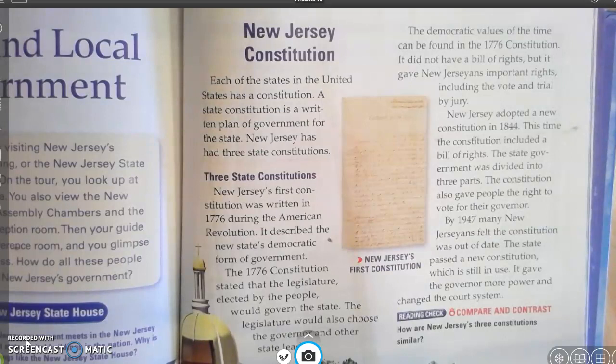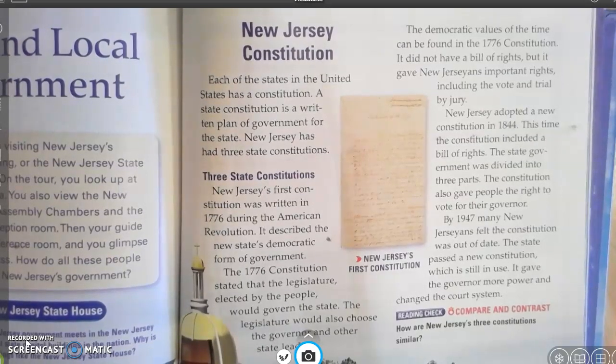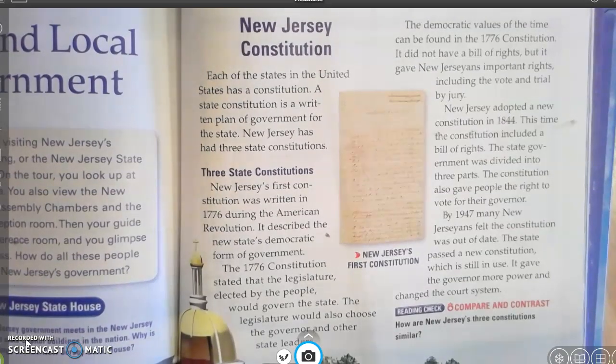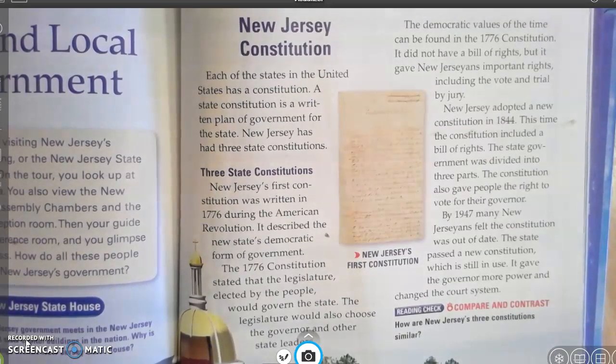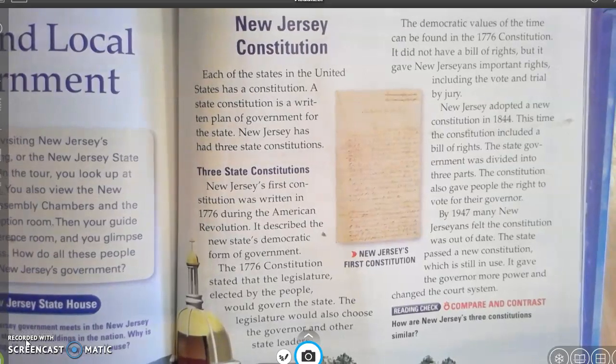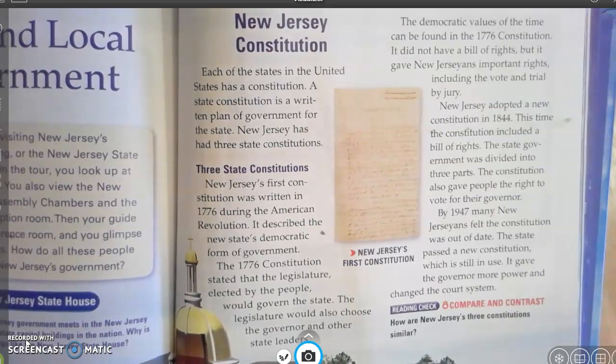The 1776 Constitution stated that the legislature, elected by the people, would govern the state. The legislature would also choose the governor and other state leaders. So now, if you're thinking about what you know about our government today, maybe thinking about your parents going and voting, we know that citizens of New Jersey elect the governor.